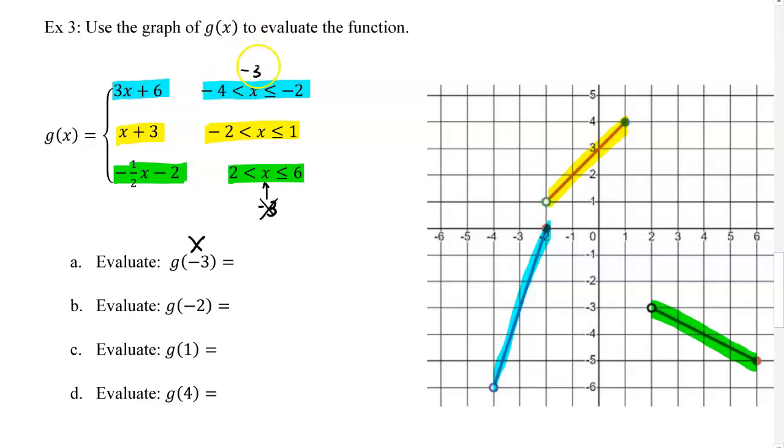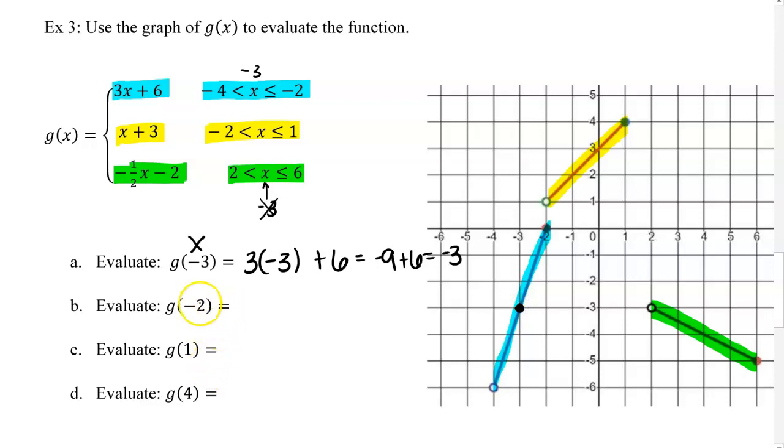It is bigger than -4 and less than or equal to -2, which means that anywhere I see an x in the equation in blue, I'm going to replace it with a -3. So I get -9 plus 6, which is -3. If I check on my graph, when x was -3, y was also -3, so that answer is correct.